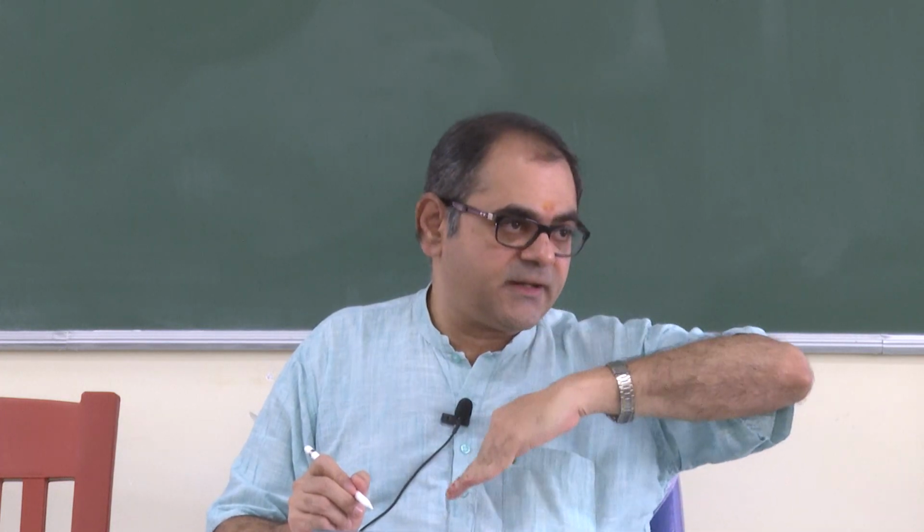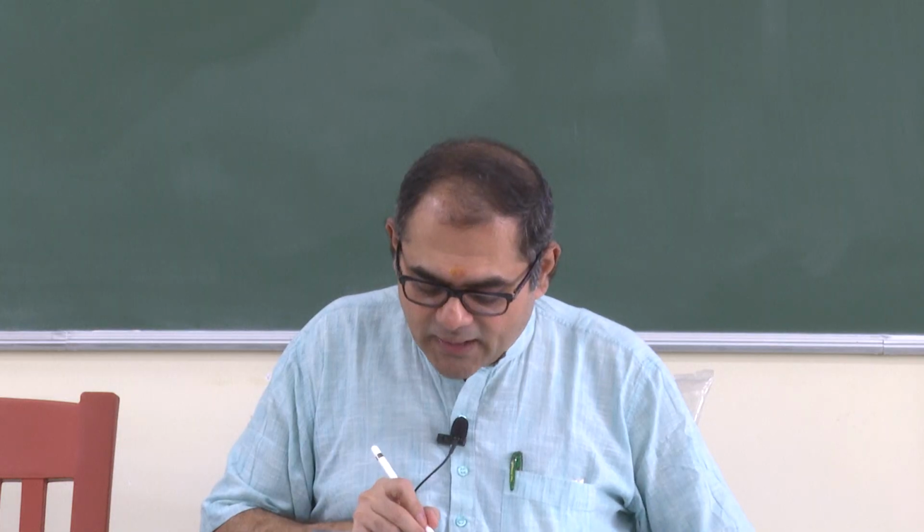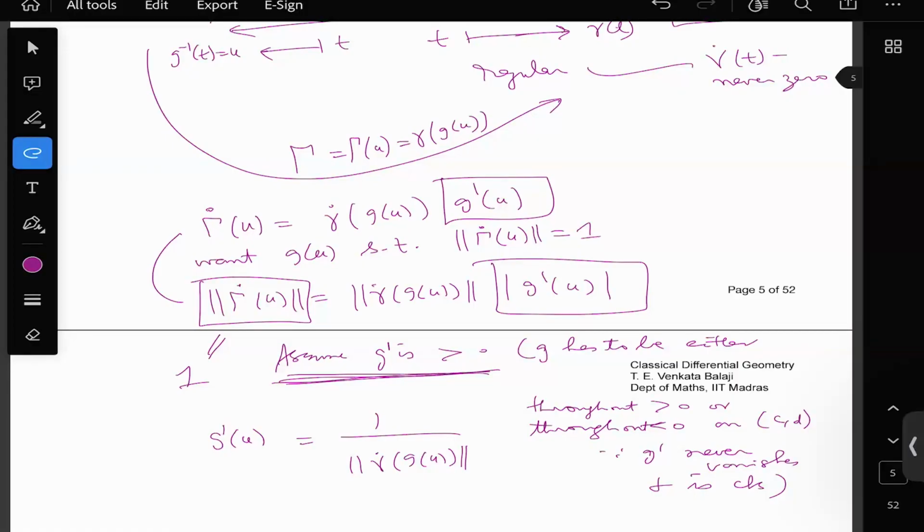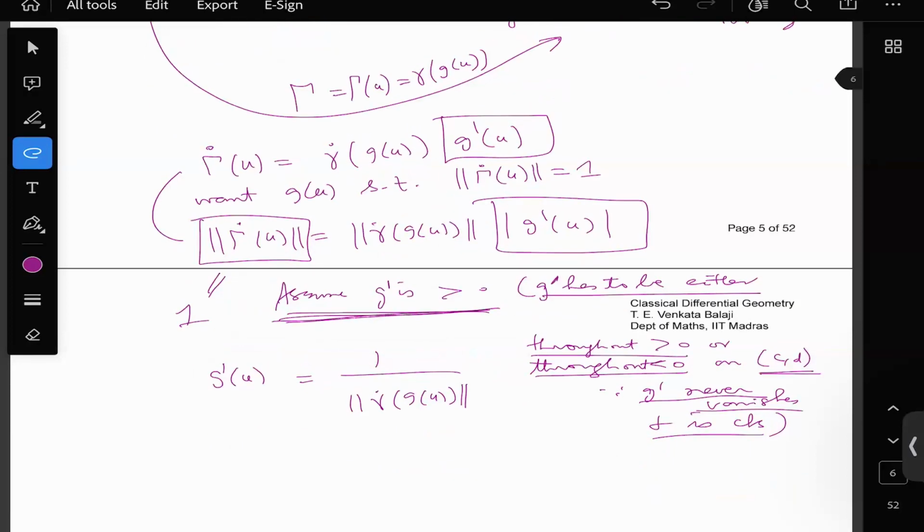If you want to talk about g dash, you should say either g dash is strictly positive or strictly negative. So yeah, thank you for pointing out. As we assume that g dash is greater than 0, g dash has to be either throughout positive or throughout negative on this interval, since g dash never vanishes and is continuous. The advantage of that is then mod g dash will become just g dash if g dash is positive. So then you get this formula.